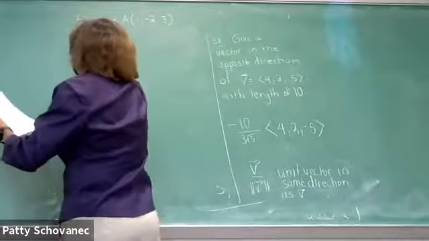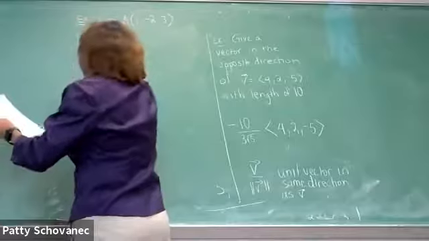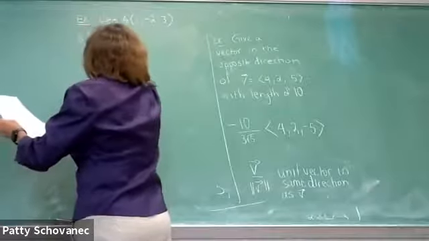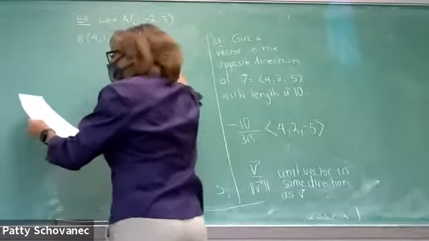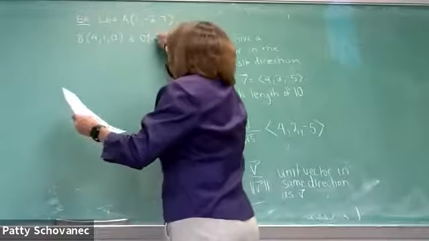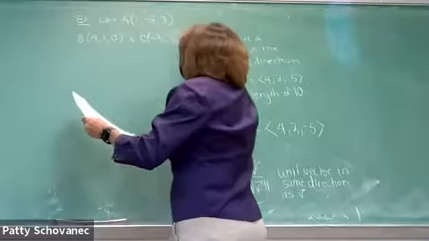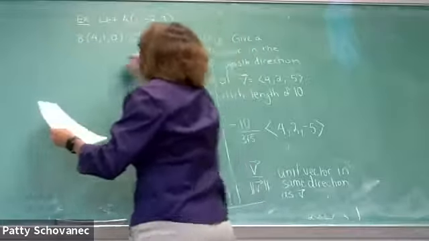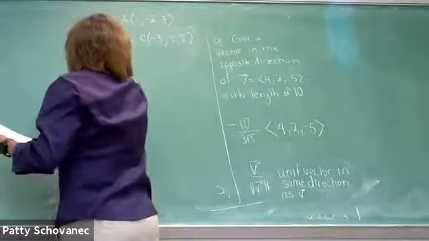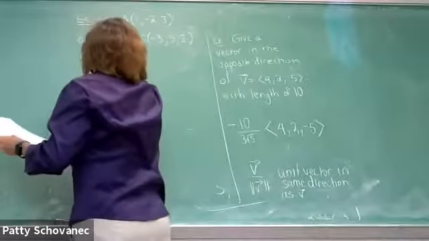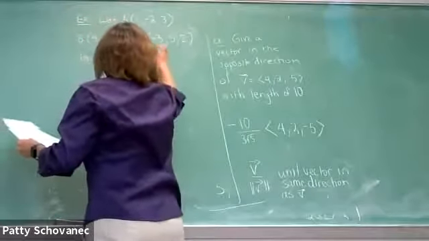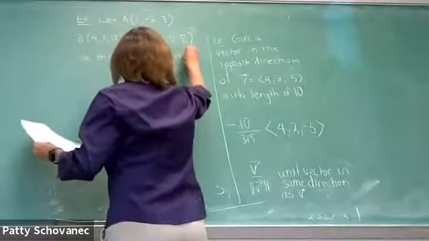Point B have coordinates 4, 1, 0. And point C have coordinates 3, 5, and 2. So these are 3 points, A, B, and C, in R3.